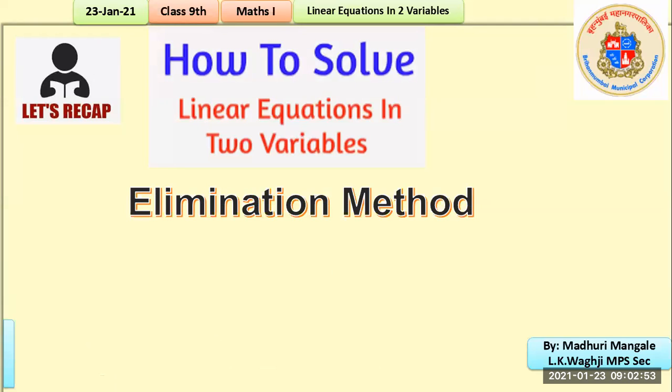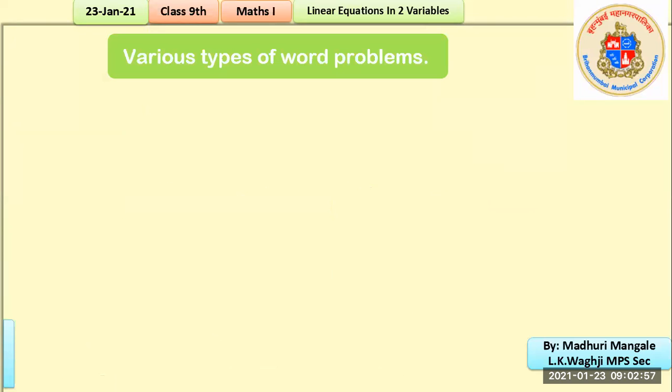We did very nice problems yesterday, and you all did a good job on getting most of the answers right. Today also we will be working together on each and every problem, right? But before that, what are we going to practice today? We will be looking at various types of word problems.